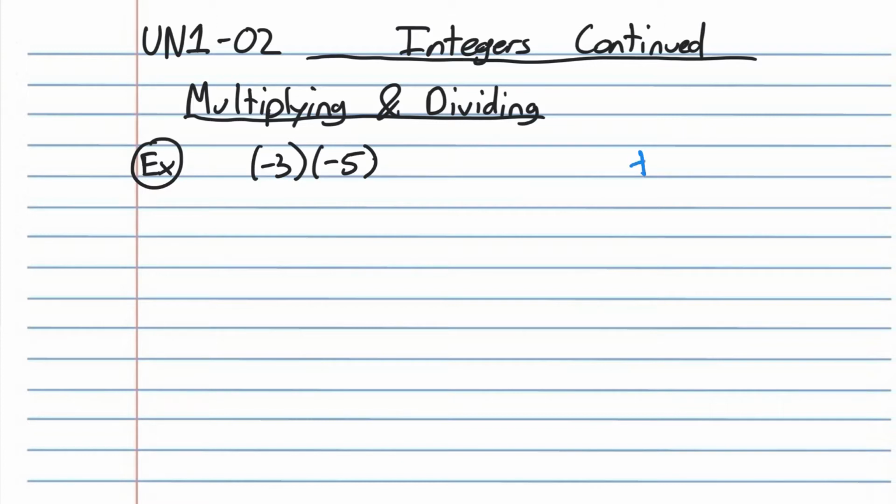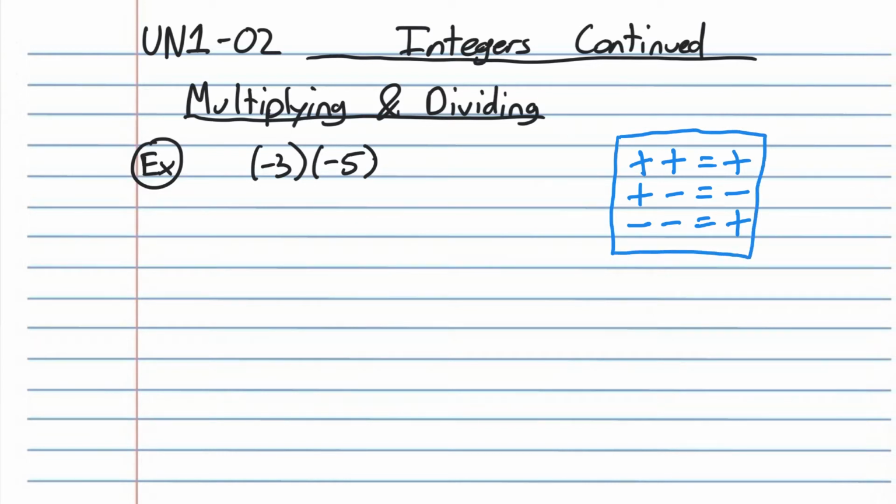Now, just like adding and subtracting, multiplying and dividing has similar rules. Off to the side, a positive number times a positive number is still positive. A positive number times a negative, the negative always wins. And a negative times a negative is a positive. So those rules are still the same. The only difference is with adding and subtracting, these signs had to be right next to each other, consecutive, back to back.